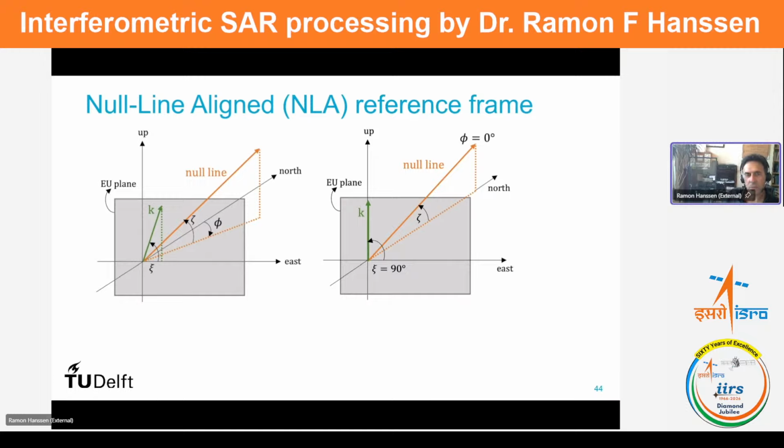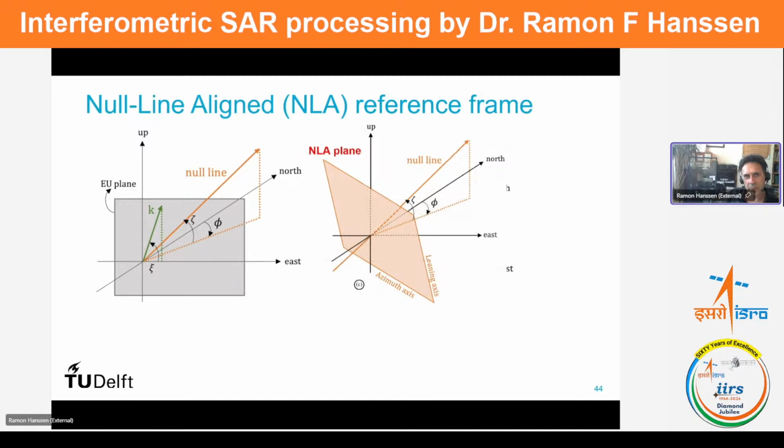So what you could also do is you could say, well, instead of having this east-up plane, we can also have a coordinate system which has the null line as one of the axes, and two other axes on top of that, the leaning axis and the azimuth axis. So in that case, this orange plane actually is an unbiased plane, because any motion or any position along the null line would all project to the same location in this NLA plane.